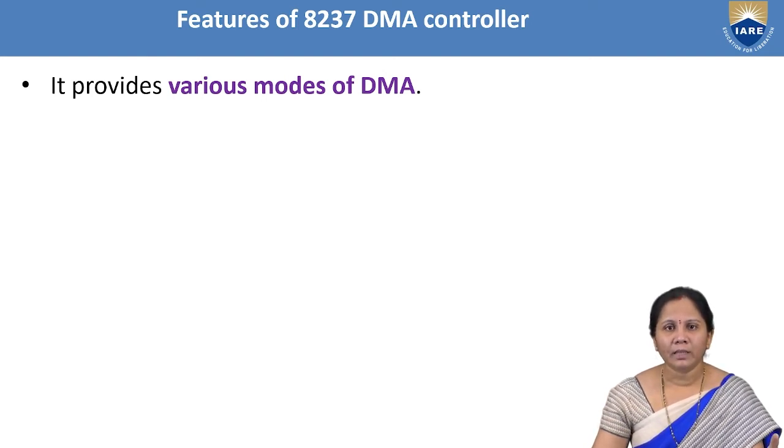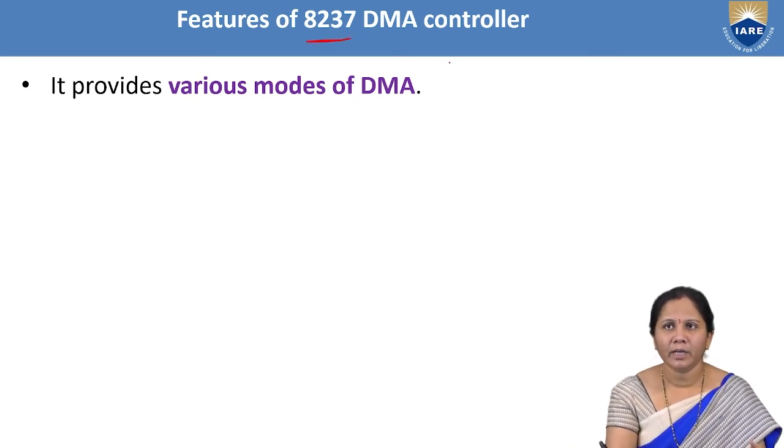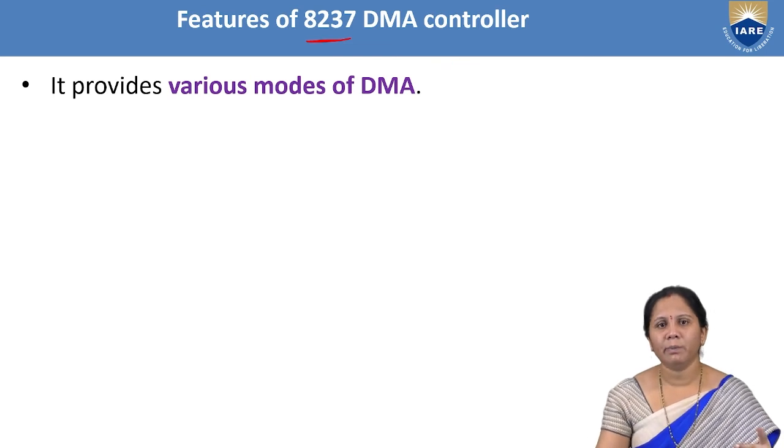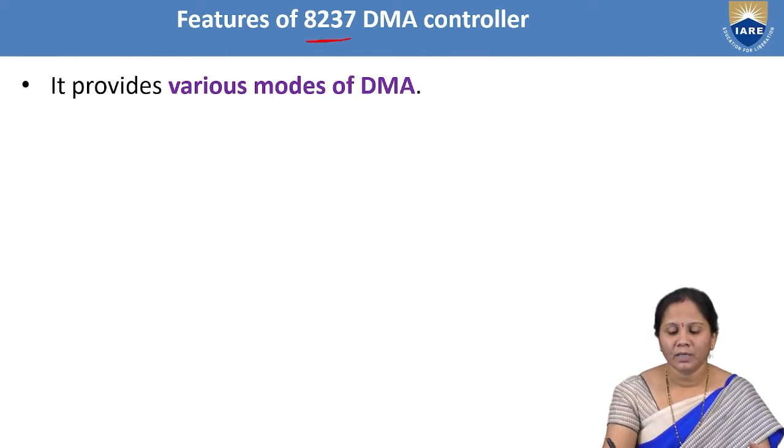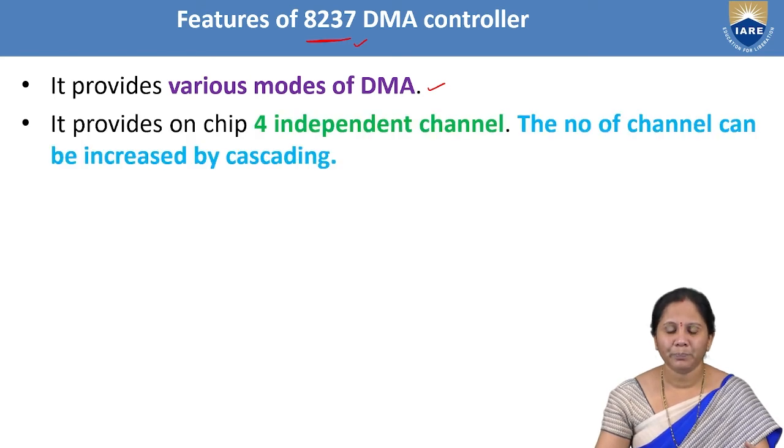Now, another DMA controller is the 8237 DMA controller. Compared to the 8257, some of the features of the 8237 are different. So now we will discuss the features of the 8237 DMA controller. It provides various modes of DMA operation. Similar to the 8257, this 8237 also has 4 independent channels.